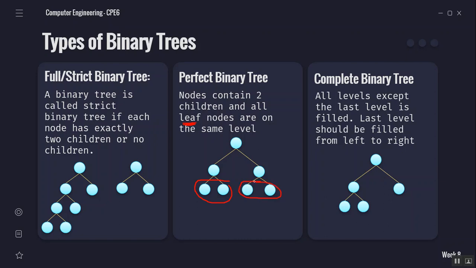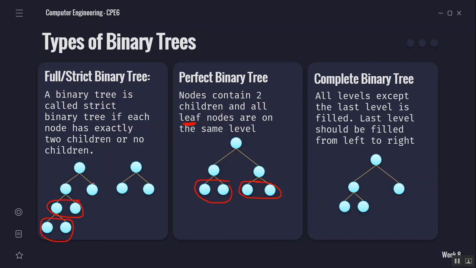Now the main difference between a full binary tree and a perfect binary tree is that this full strict binary tree has child nodes at level 2 and at level 3 on the left subtree.